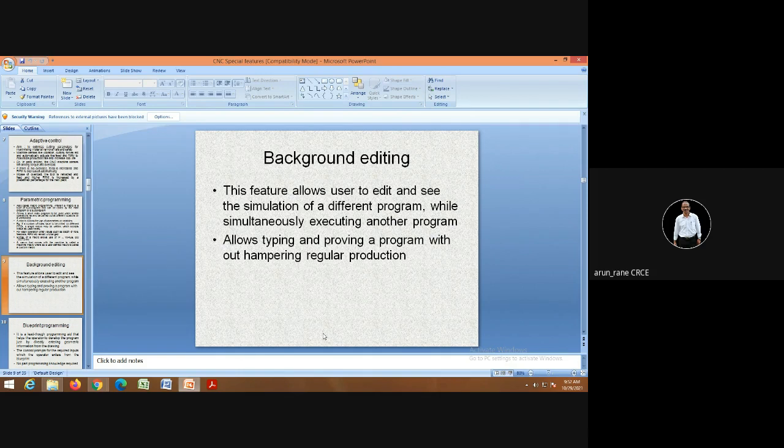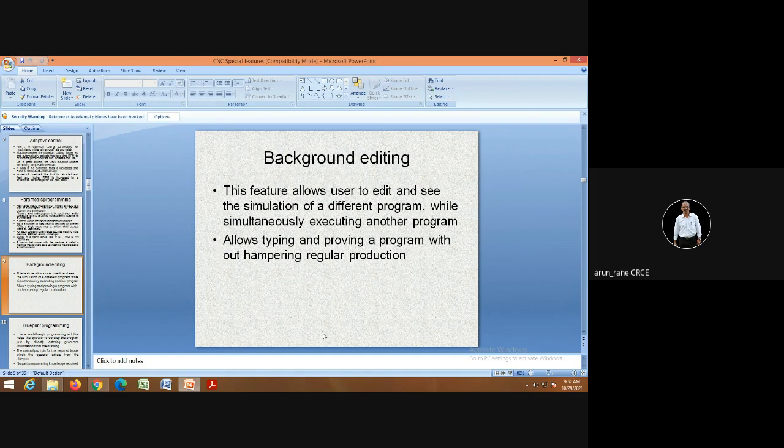Background editing is a feature which is very helpful to save the machine downtime. What does background editing mean? Suppose a particular component is being machined, then while that component is being machined, you can edit another program or write another program for another workpiece.